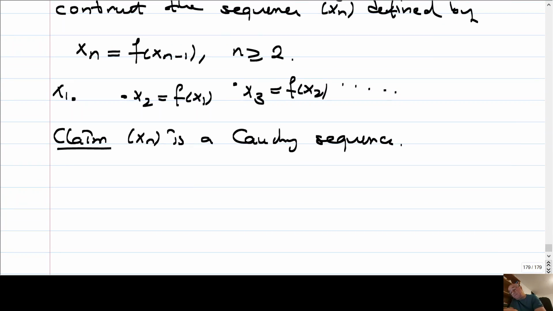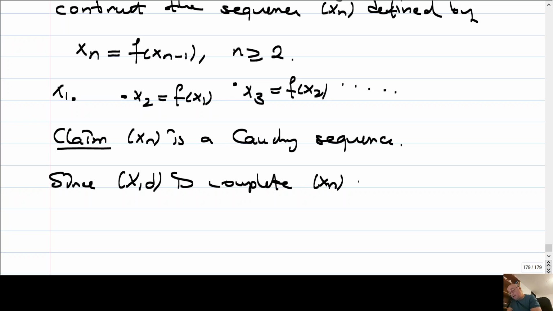Well, before I prove the claim, let me show you why this claim indeed finishes the proof. Since (X,d) is complete, this sequence has to be convergent.